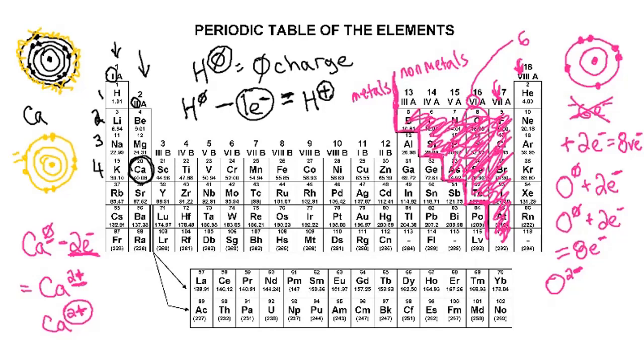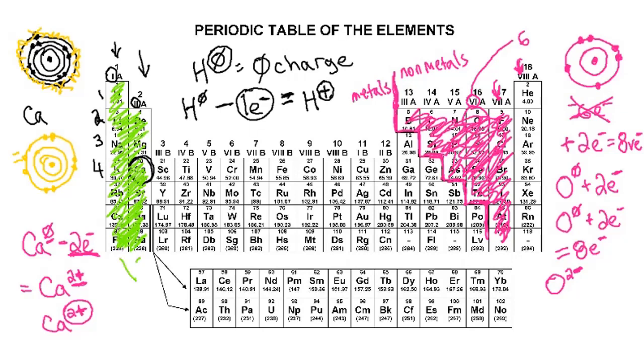And everything over here on the left side, these guys are going to give away 1 or 2 electrons so they can get back to 8 electrons in their outer shell.